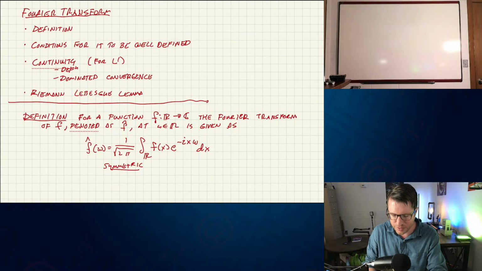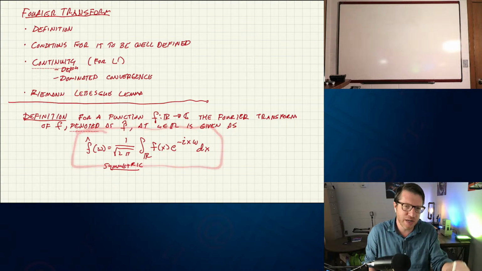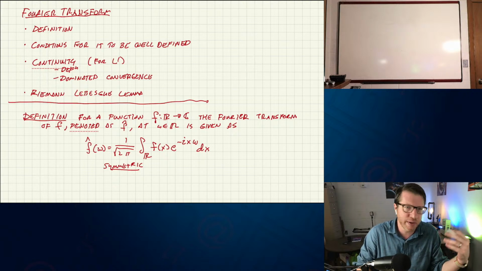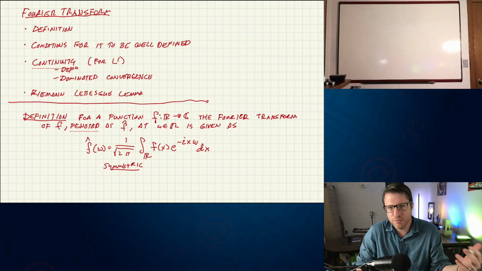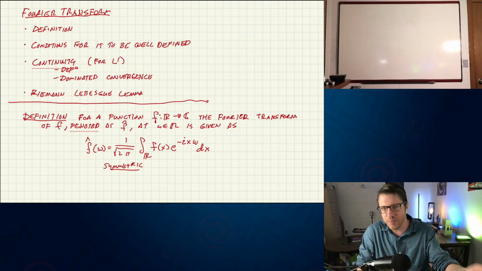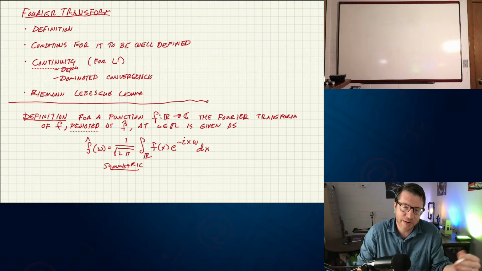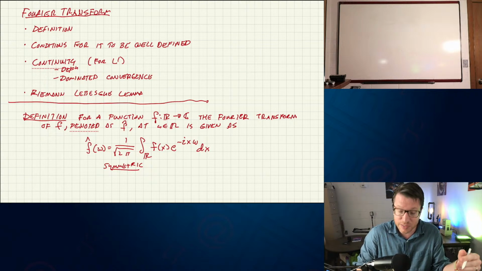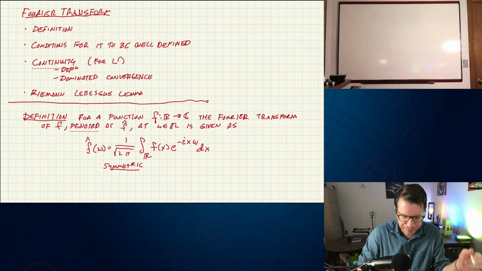Those are two caveats, but for the most part you don't need to worry about them. If we're working with nice continuous functions that decay quickly enough, if you can use Riemann integration, you can use Lebesgue integration, anything will be fine. In fact, almost all the examples we're going to work with are continuous functions, usually rapidly decreasing functions like the Gaussian.